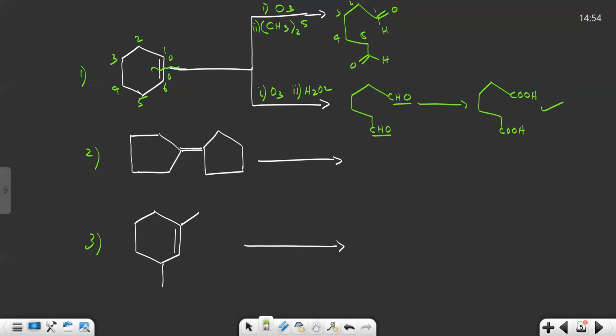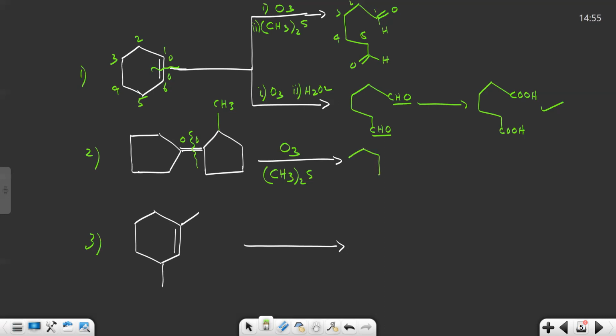Now consider the second compound. If you use O3 and dimethyl sulfide, then which product will you get? Break this bond and consider one CH3 group here also. Break this bond, then add oxygens, two oxygens, and you will get two 5-membered rings, right?